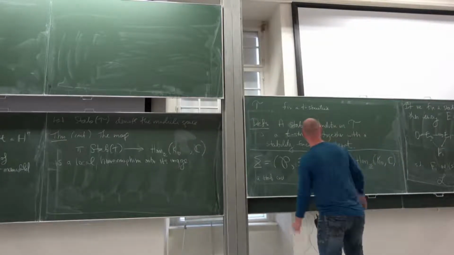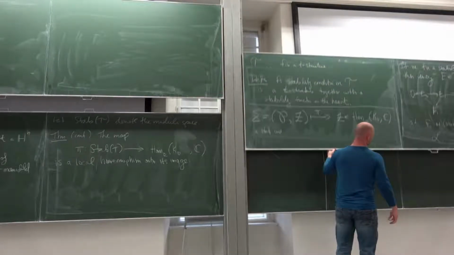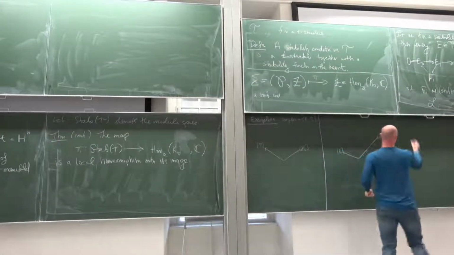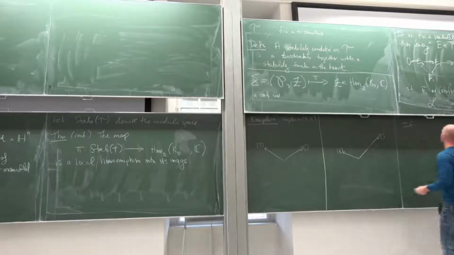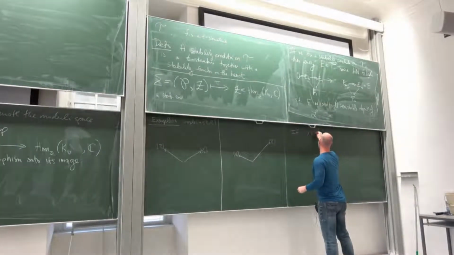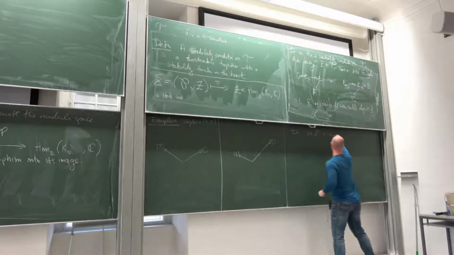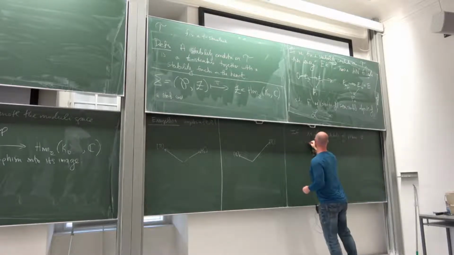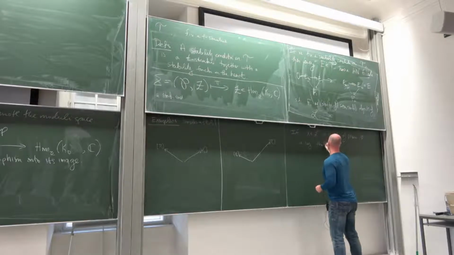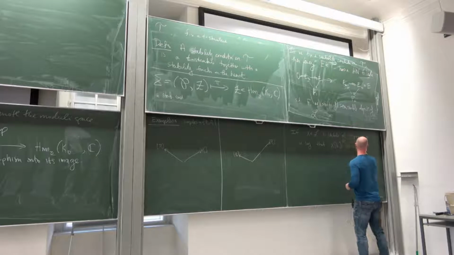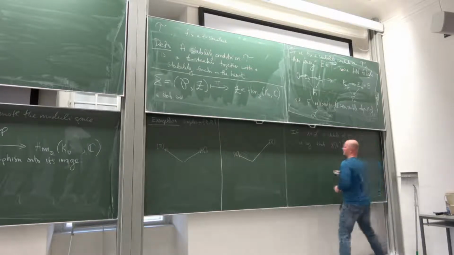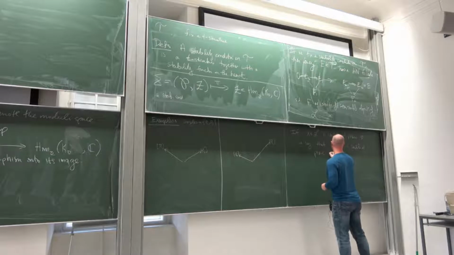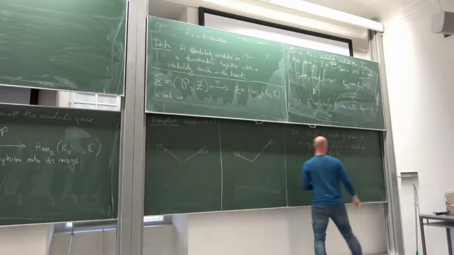So if X in the heart is stable of phase phi, we say that a shift of X is stable of phase phi plus k.